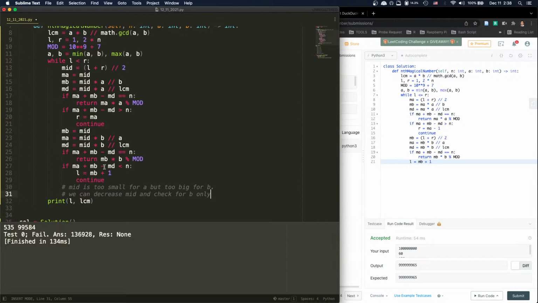Because we already guaranteed that if we increase mid, it's going to be too big, right? So we can decrease mid and check for B only. So in this sense, we basically broke out, right?